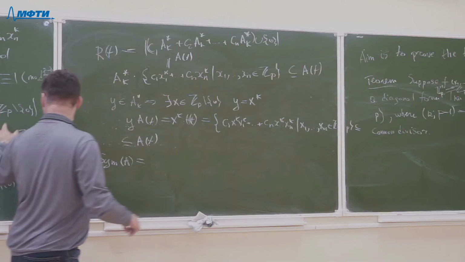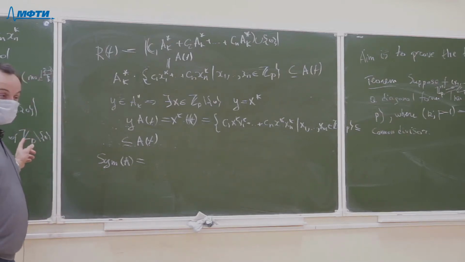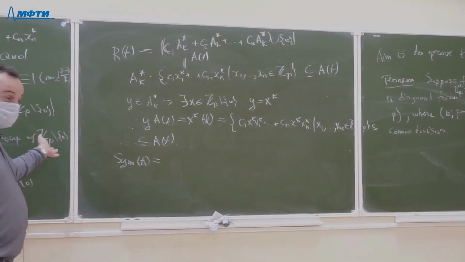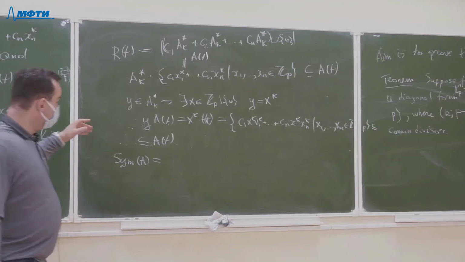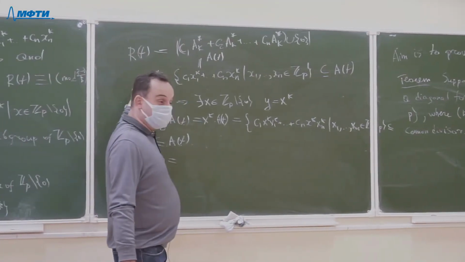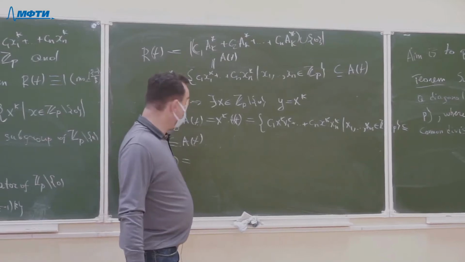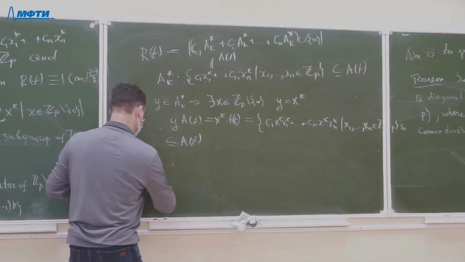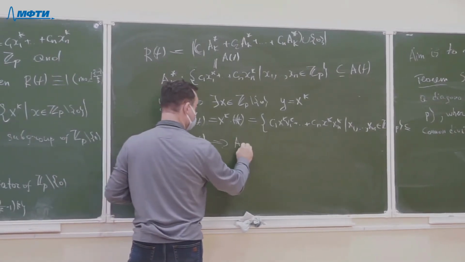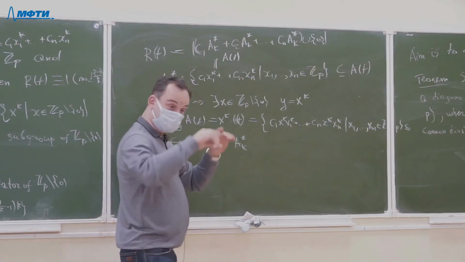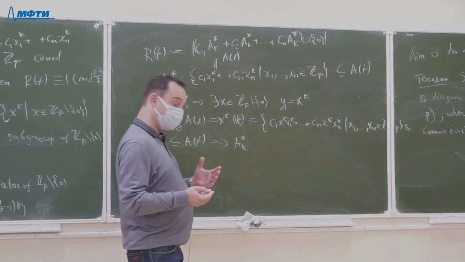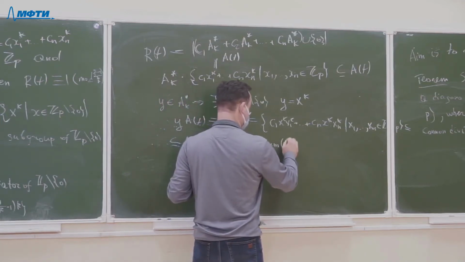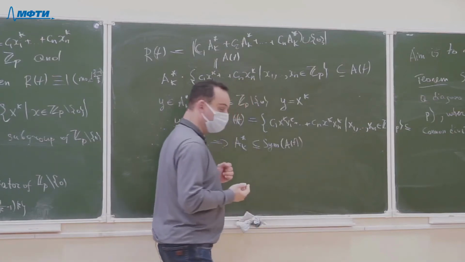In our group ZP without 0, we have to replace addition by multiplication, because it's a multiplicative group. So AK star is a subset of the symmetry subgroup of AF. Probably it's the entire symmetry subgroup, but it's at least a subset of the symmetry subgroup of AF.